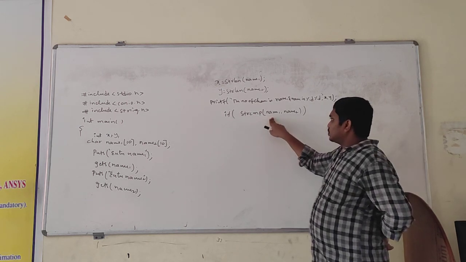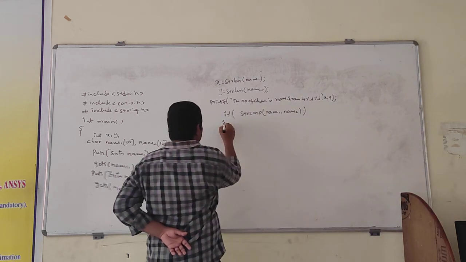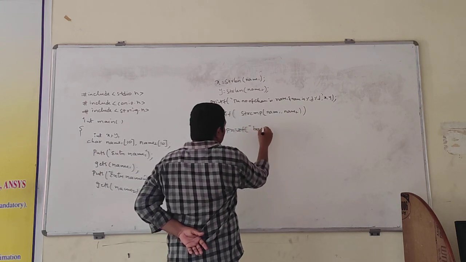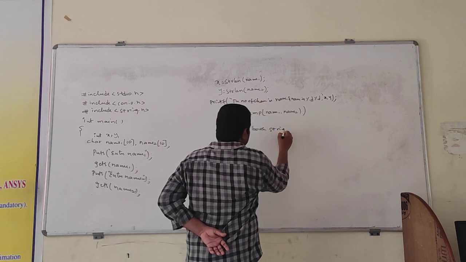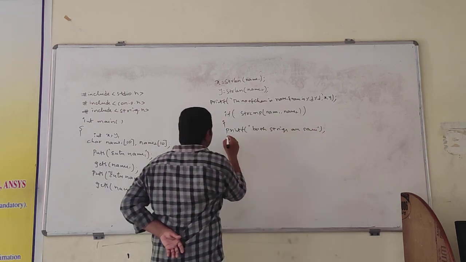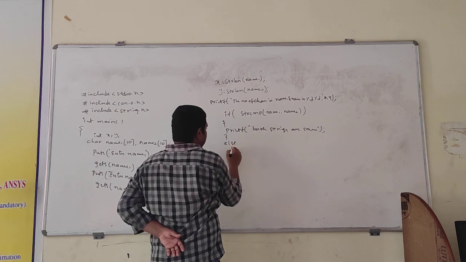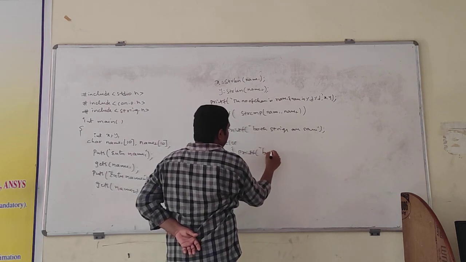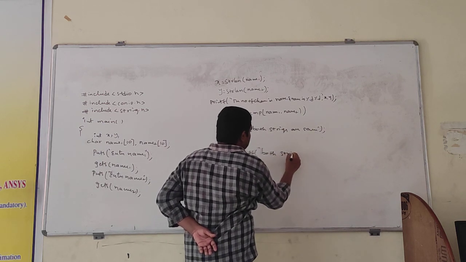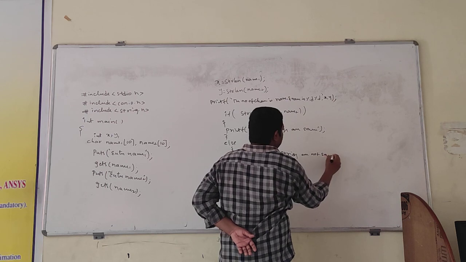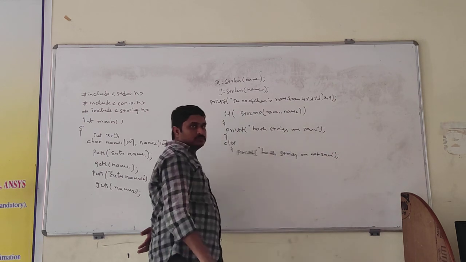If it is true, then printf("both strings are same"). If it is false, then the else condition. printf("both strings are not same"). Okay.